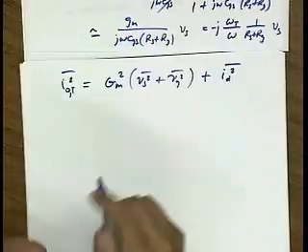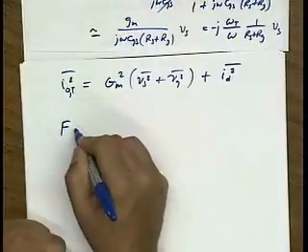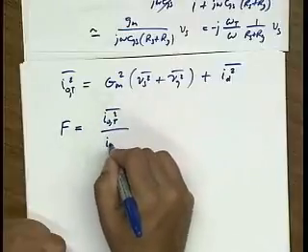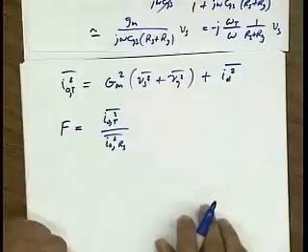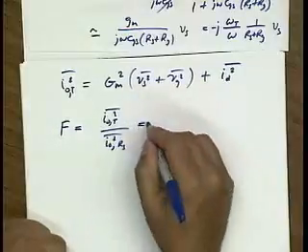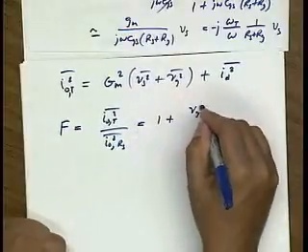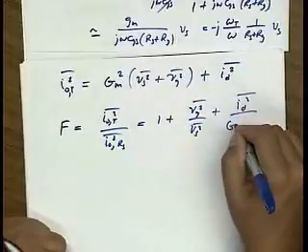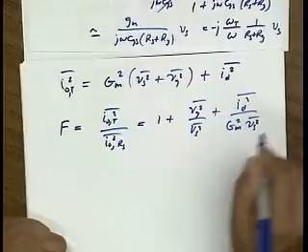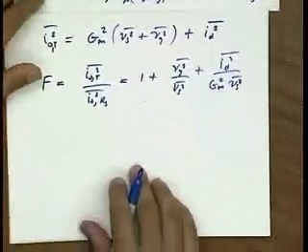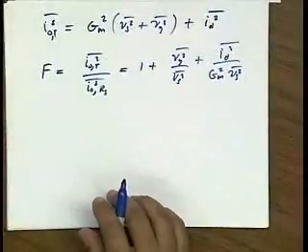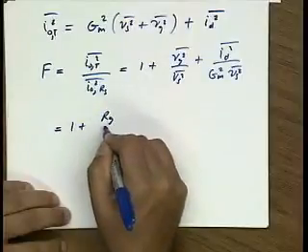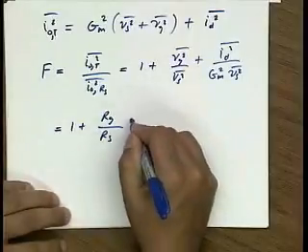Good. All right, so from this expression I can calculate the noise figure. The noise figure is the total drain current divided by the drain current just due to Rs, which is just this first term here. So that gives me 1 plus Vg squared over Vs squared plus I drain squared over Gm squared Vs squared. Okay. And just as before, we now substitute 4kTb here, 4kTb Rs here.